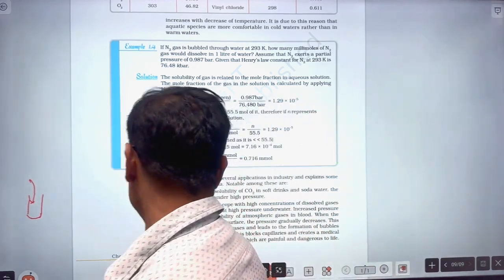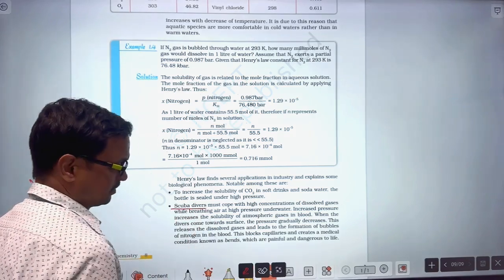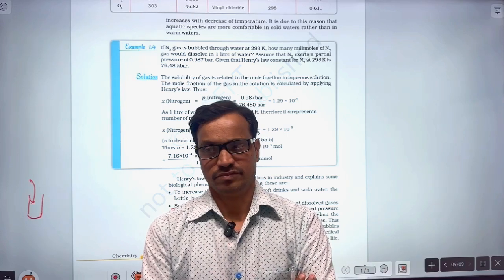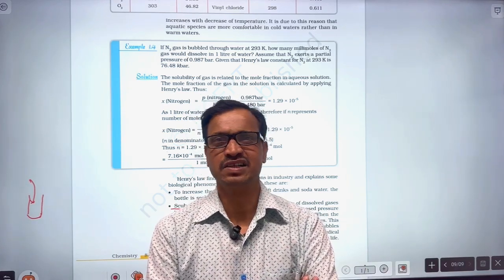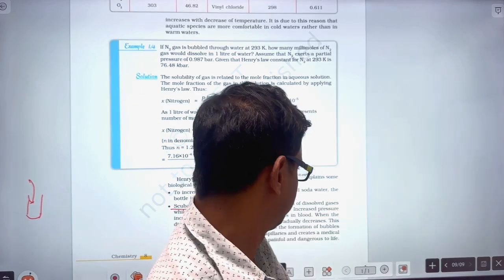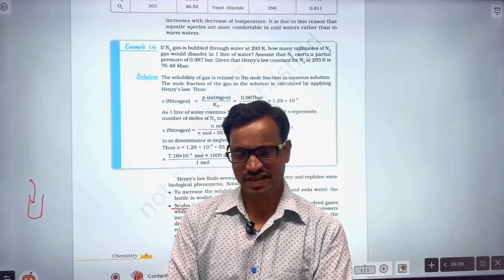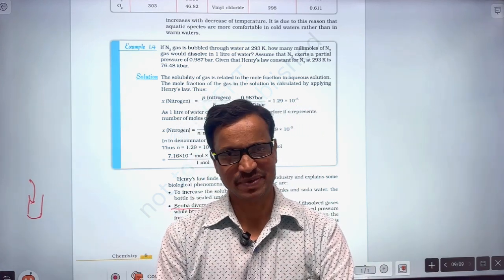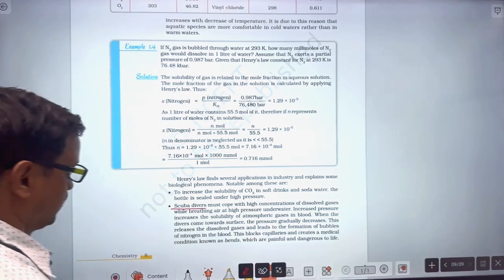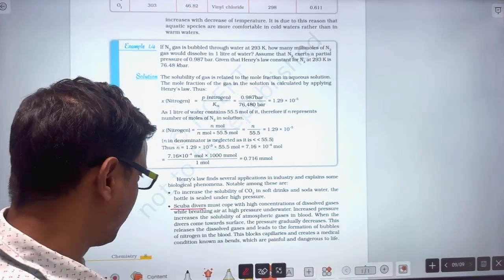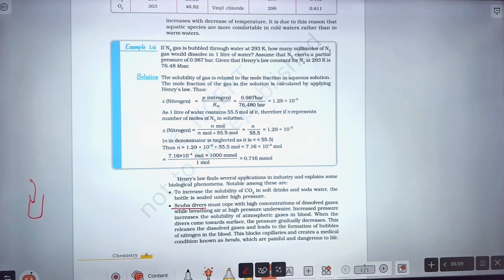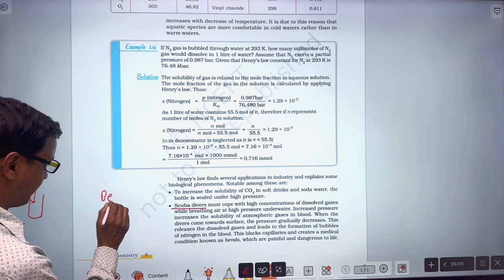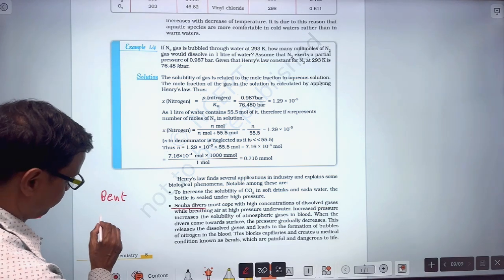Second one is the scuba diver. Scuba divers are those who go inside the sea or river or any large lake like that. Scuba divers, when going inside and coming back, experience symptoms called bends, B-E-N-D-S.